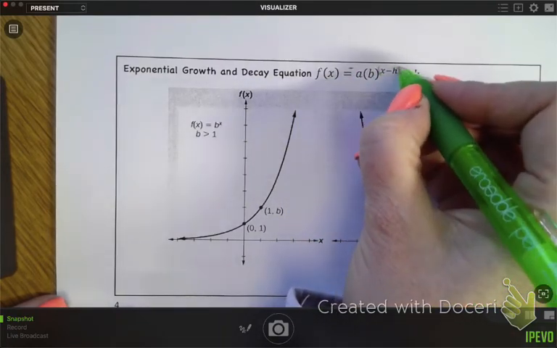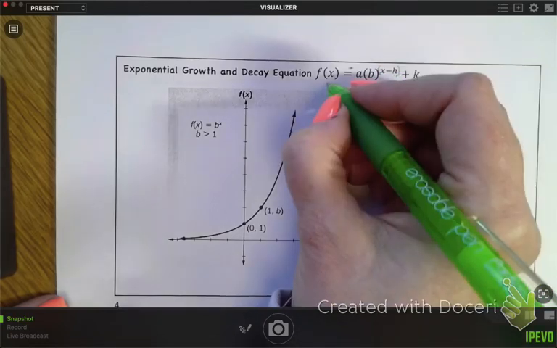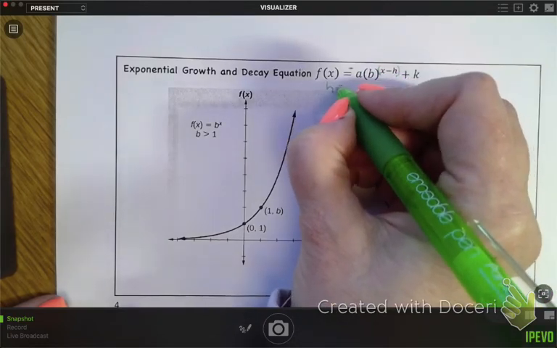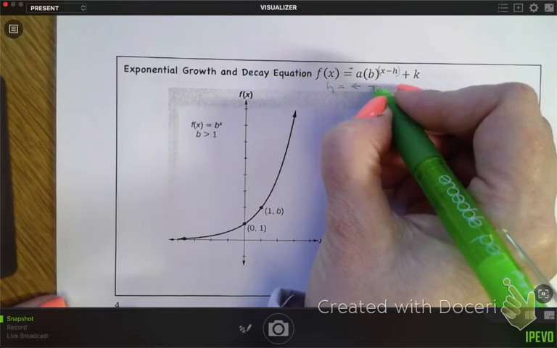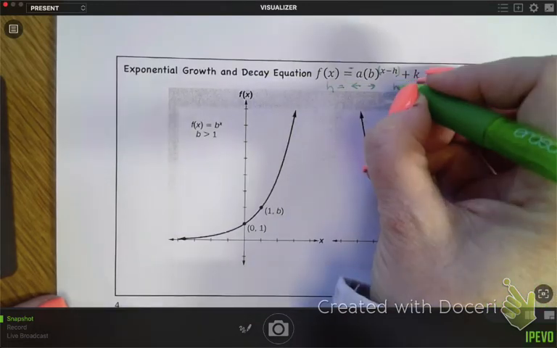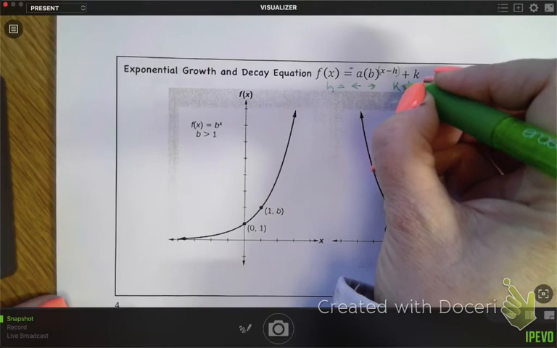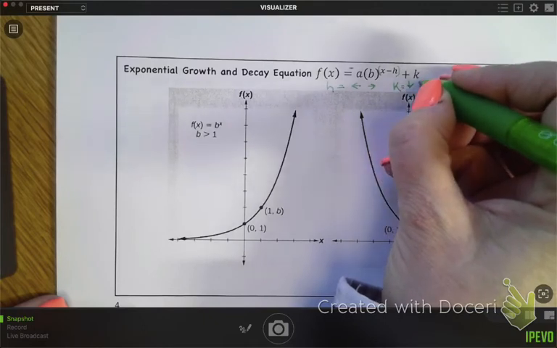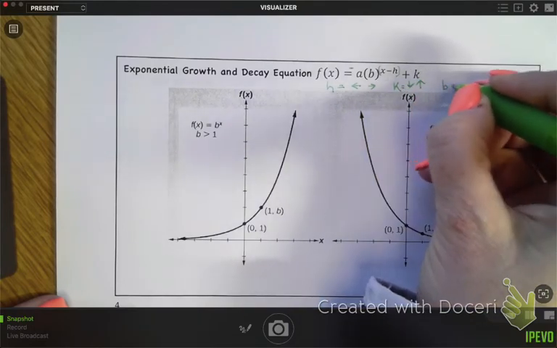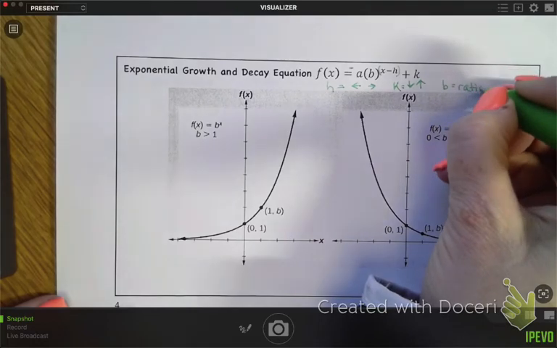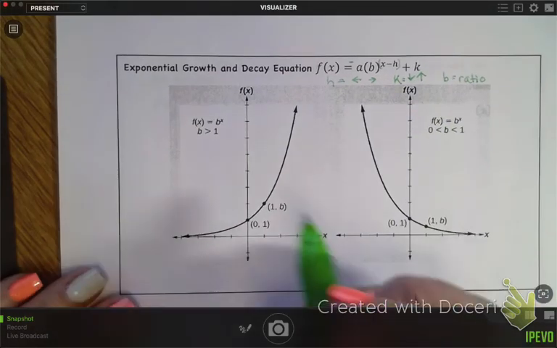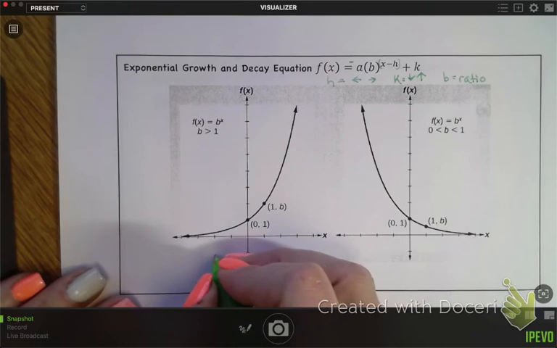This should have parentheses around it. That H is going to go left and right, opposite direction, and K is going to go up and down. B is considered your ratio. We call that our ratio of change. The one right here is growing, so it's a growth.